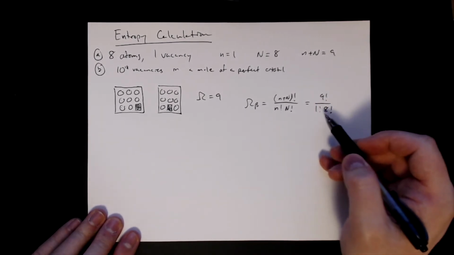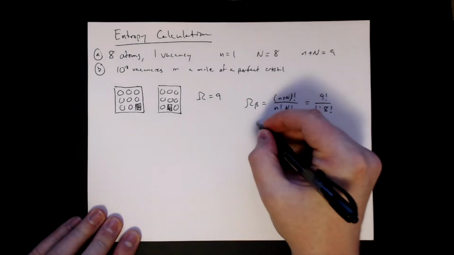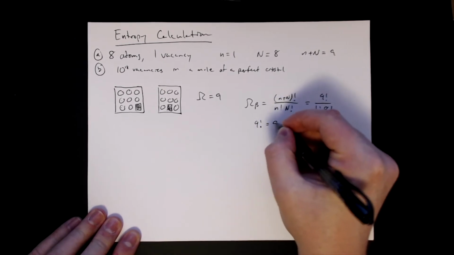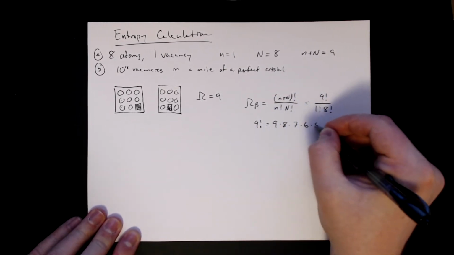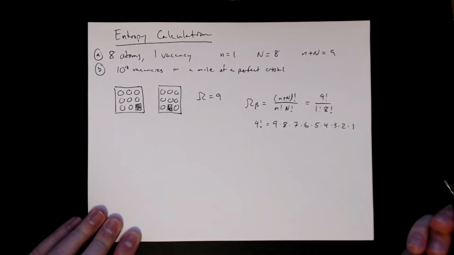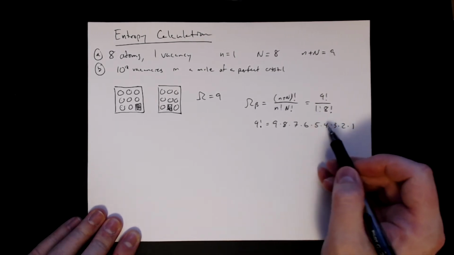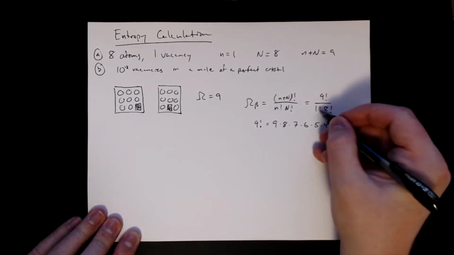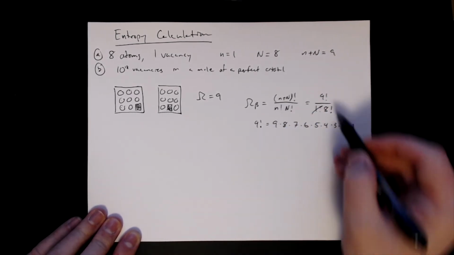If you remember how we defined factorial, 9 factorial is equal to 9 times 8 times 7 times 6 times 5 times 4 times 3 times 2 times 1. So the factorial of 1 is 1, and this cancels out, and then this is 9 factorial.